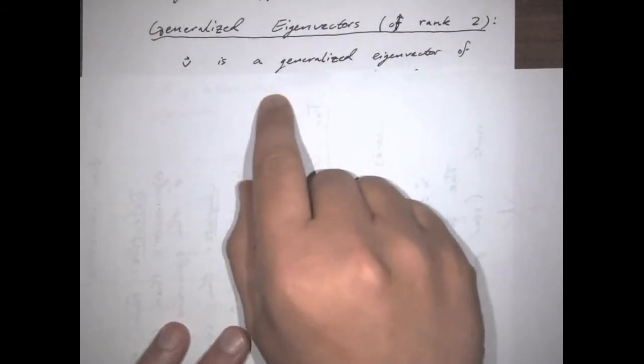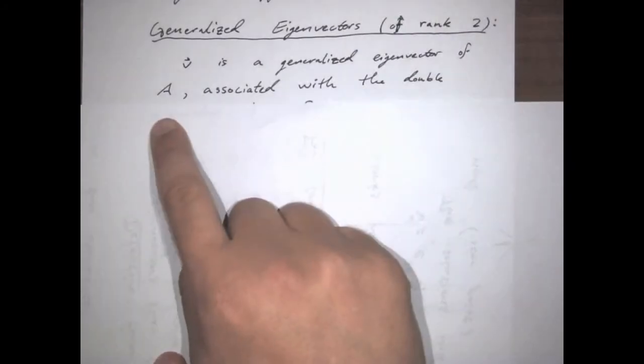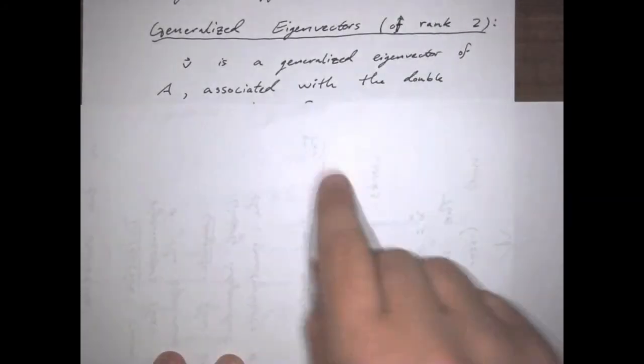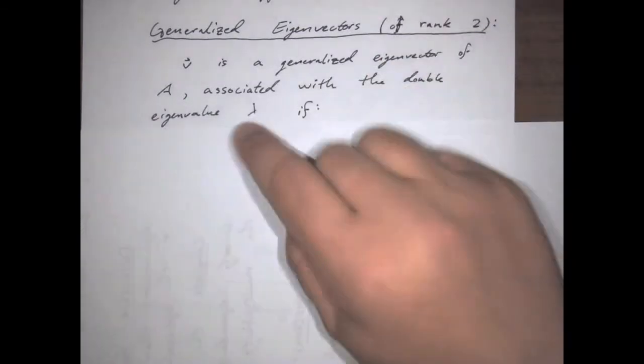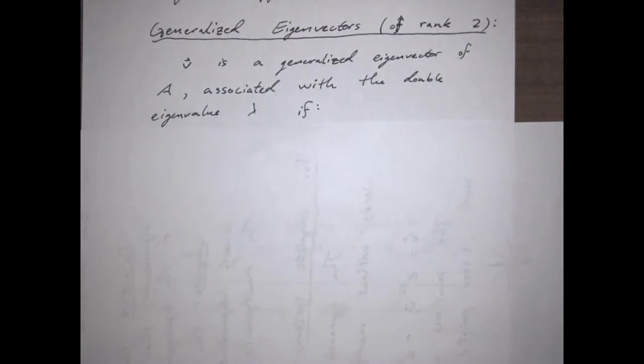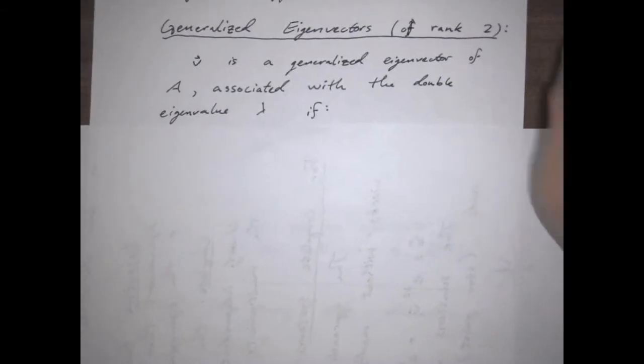Okay, so the way a generalized eigenvector works is, V is a generalized eigenvector of A, which is a matrix and which is associated with the double eigenvalue of lambda, if the following is true.